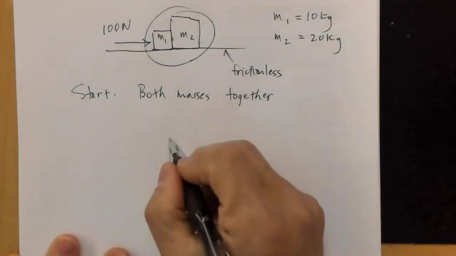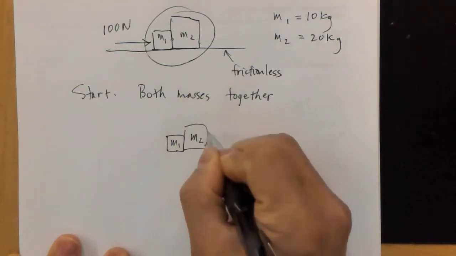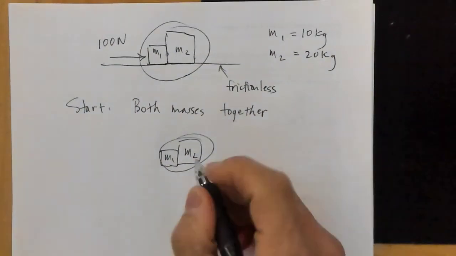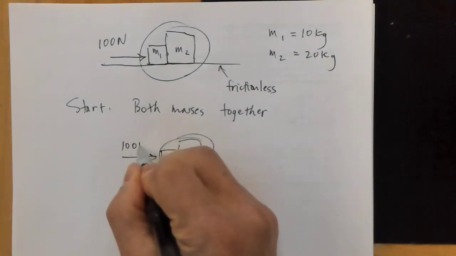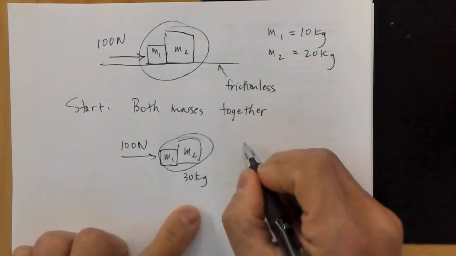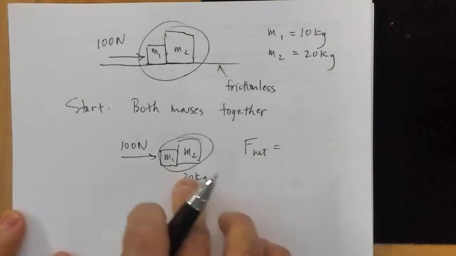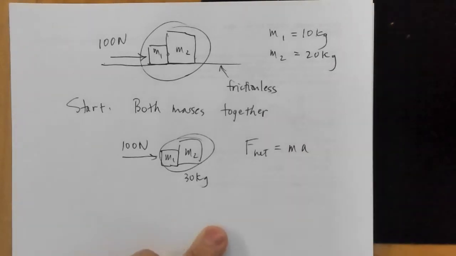So we're going to have M1 and M2 together. What is the mass of both of them together? Yeah, 30 kilograms. And then we have this force of 100 newtons. Now we can say F net, we'll just use the magnitudes because we know the direction. It's going to go to the right. F net is equal to the mass times the acceleration.